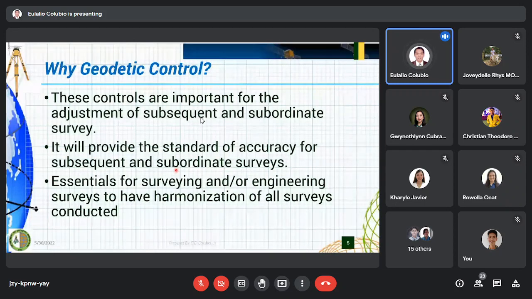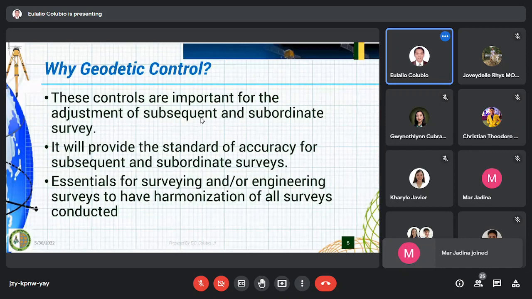If it's available, you will be happy to survey because the references are solid. But without this, you need to exert effort to find additional references, like monuments. Okay, so that's the essence of having this geodetic control.